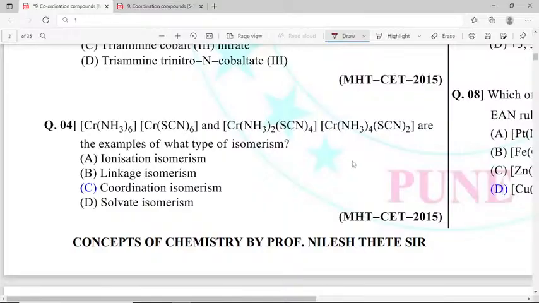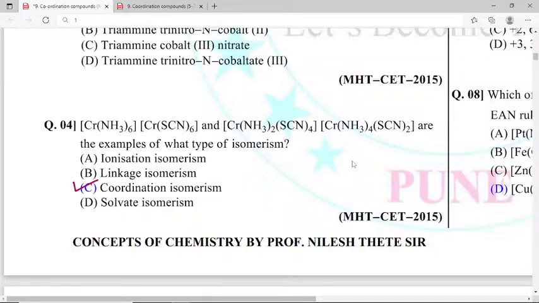Okay, [Cr(NH3)6][Cr(SCN)6] and [Cr(NH3)2(SCN)4], [Cr(NH3)4(SCN)2] are coordination isomers. Coordination isomerism is in this form.